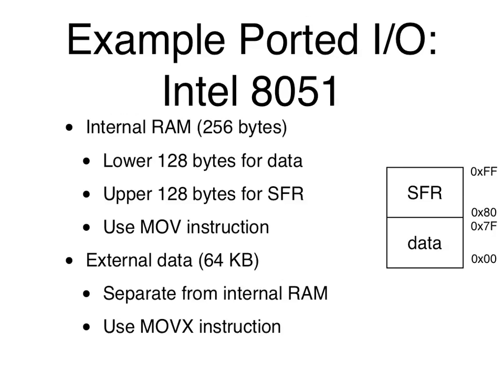So on 8051, the way you distinguish between internal memory and external memory access is you use different instructions. They have an instruction called MOV, M-O-V. That's for internal memory access. If you have to access external data, you use MOVX, X for external. So just by using different instructions, you refer to different address spaces.